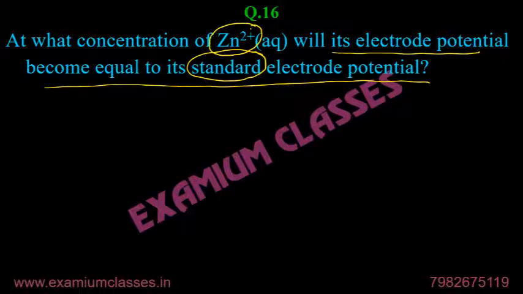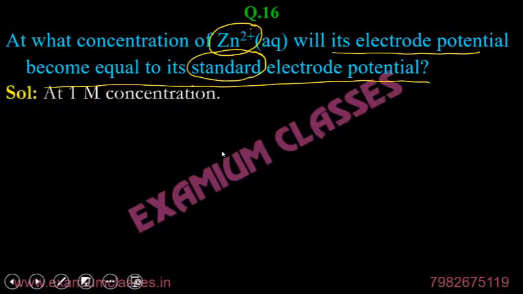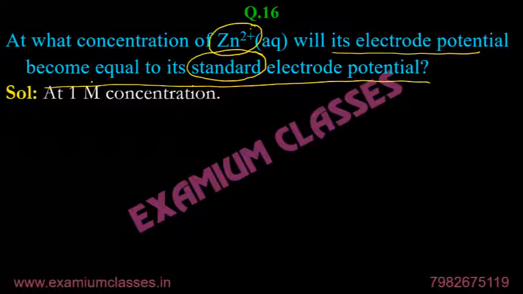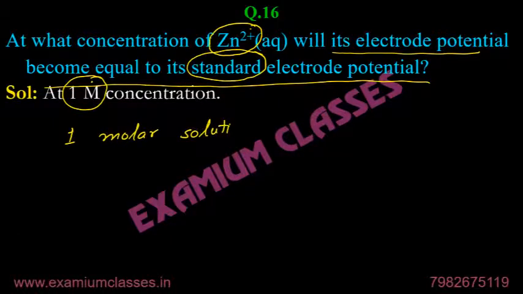That is something related to the concentration. So when the concentration is 1 M, 1 mole per liter, that is the definition of standard electrode potential.